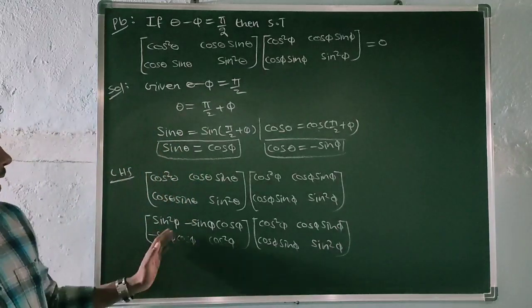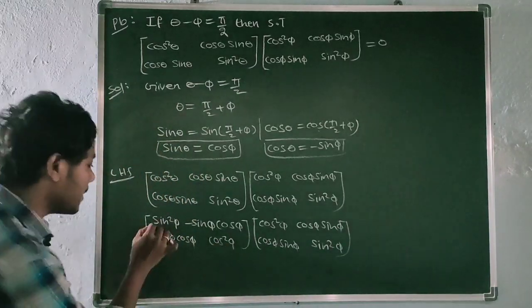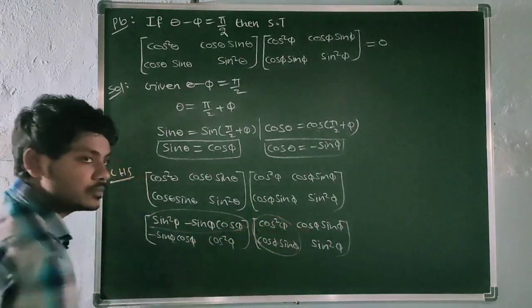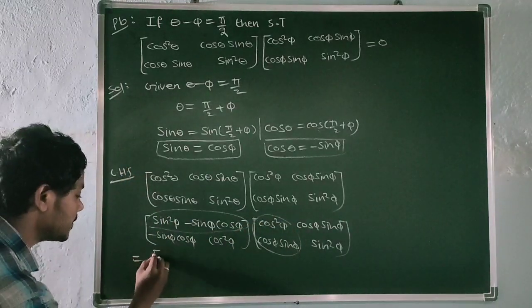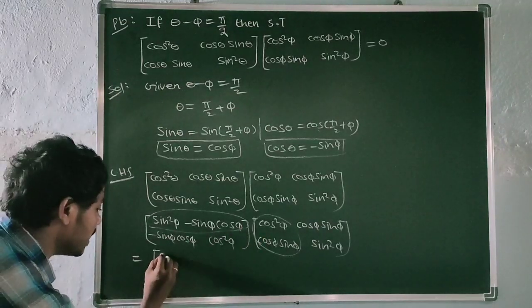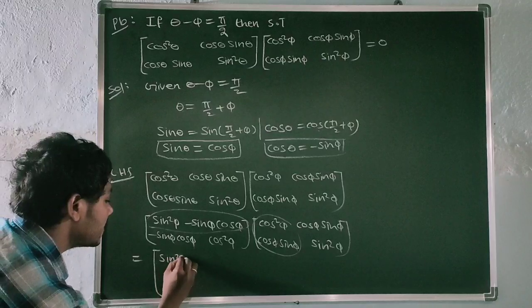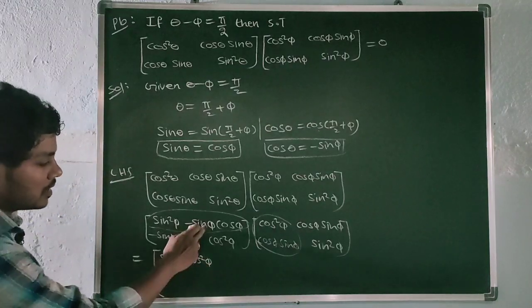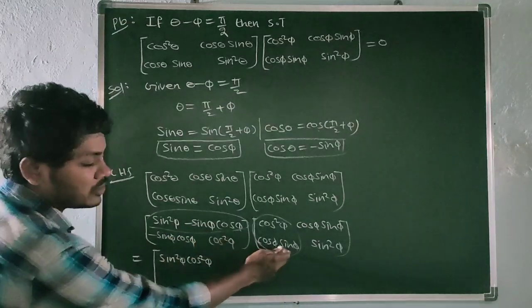So now multiplying these two. See here, first row with first column. So this is sin square phi cos square phi. Next one, minus sin phi cos phi into sin phi cos phi.